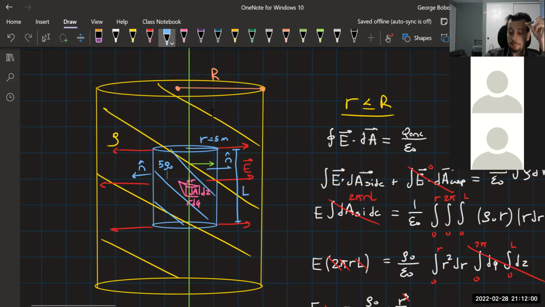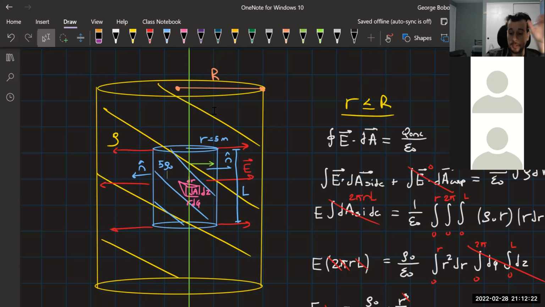But what if, there's a question on our quiz, there are 2 dumbbells connected together, and one of the balls is charged and one of them doesn't have charge. So does it mean I cannot use Gauss's law there?